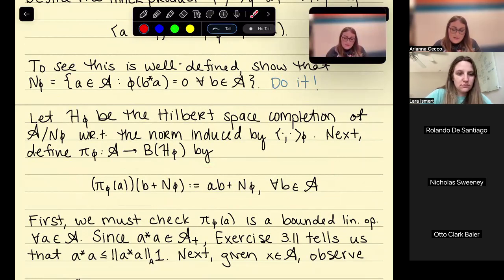Can you guys tell me why it's enough to just define this function on elements in the quotient? Do you guys know?